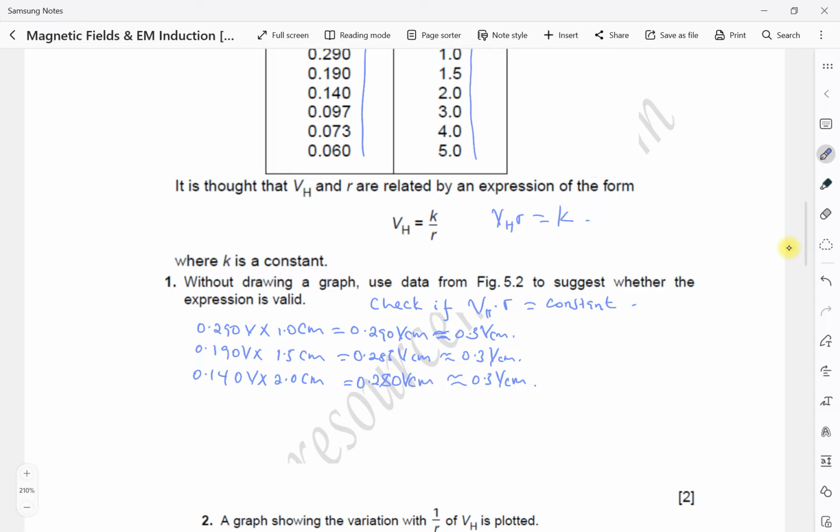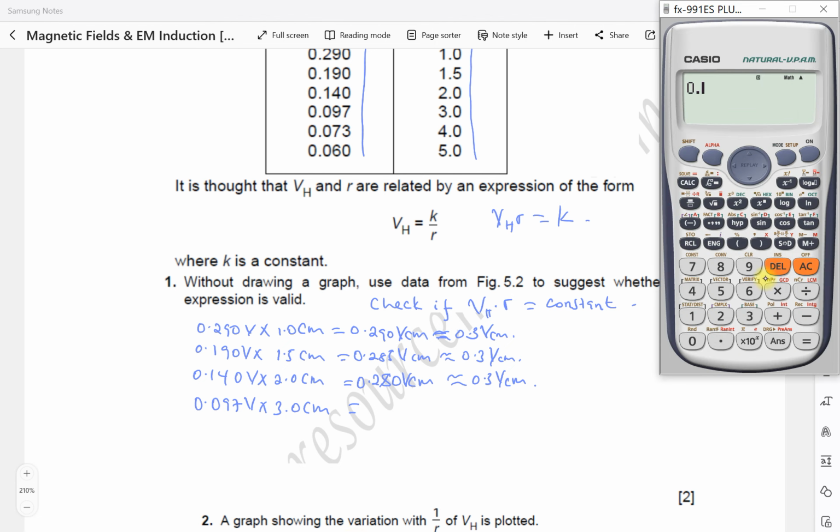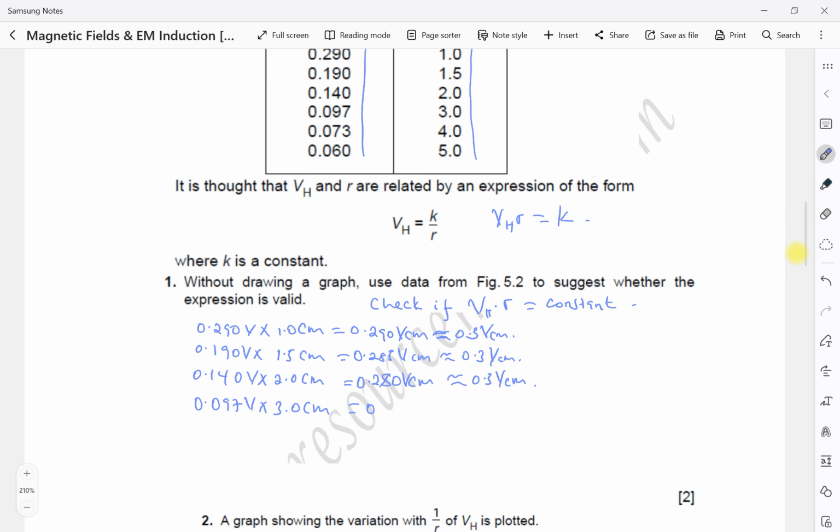I will check one last one, 0.097 volts times 3.0 centimeters. That is 0.291 volts centimeters, which is approximately 0.3 volts centimeters.